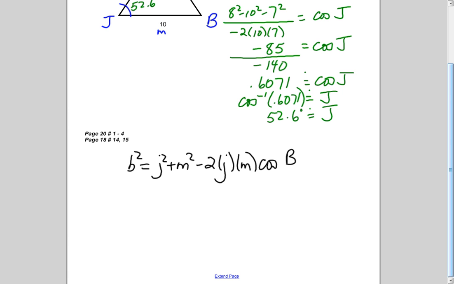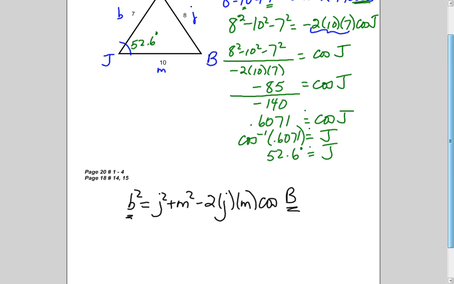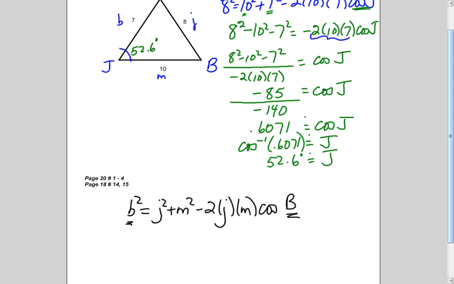Quick mental check: if I want to find angle B, I have to start with side B. The order of the J and the M doesn't matter so much. Let's fill in the numbers. B is 7, so 7 squared equals 8 squared plus 10 squared minus 2 times 8 times 10 cos B.